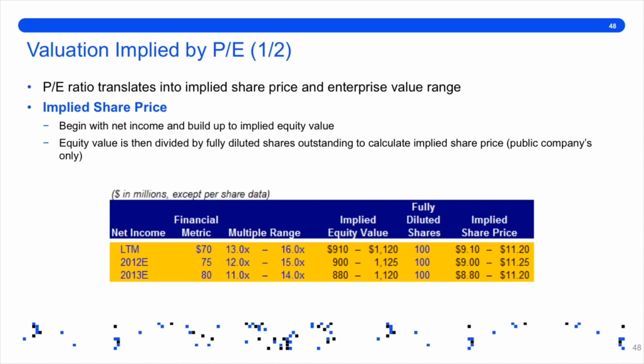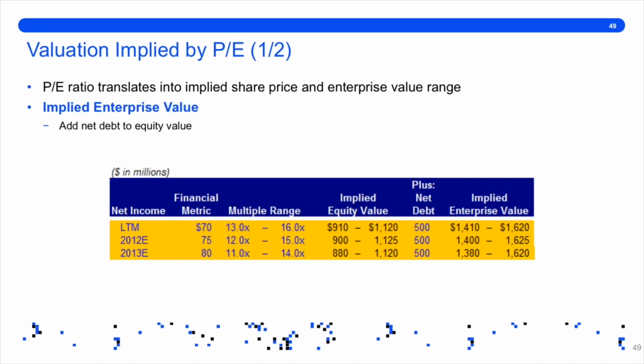If the company has $70 million of net income and the comparables are trading between 13 and 16, that generates an implied equity value between 910 and $1.1 billion. Again, I divide by the fully diluted number of shares, and I get the target price range. Okay? So in this case, it's a bit simpler. There is no more net debt because we are using a multiple that is based only on equity and not on enterprise value. Okay.